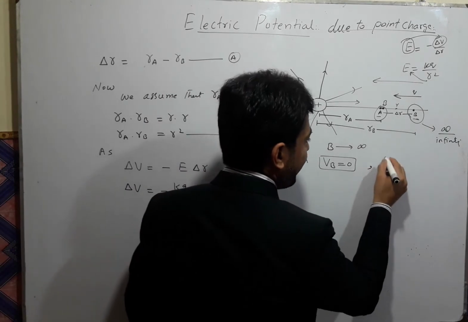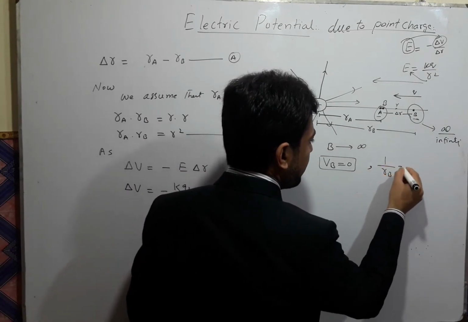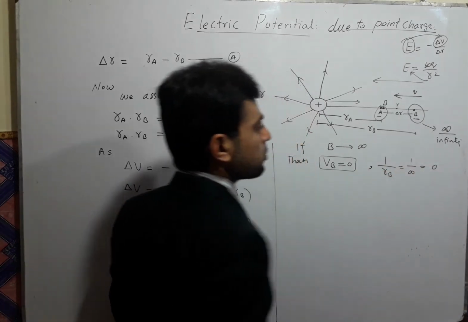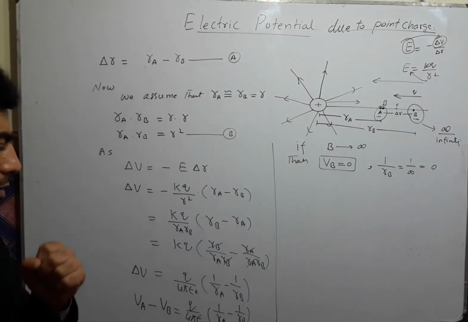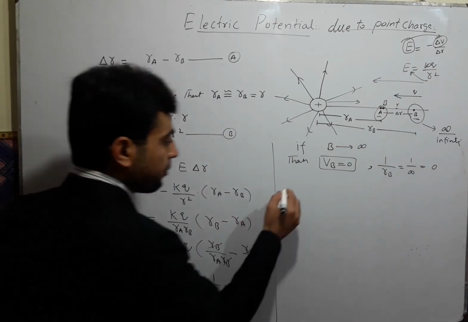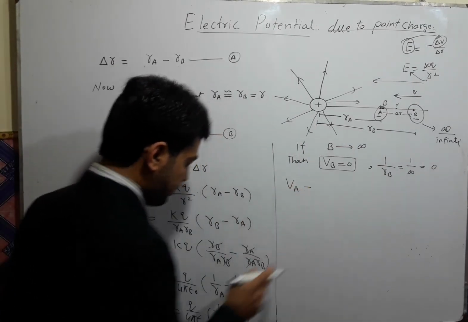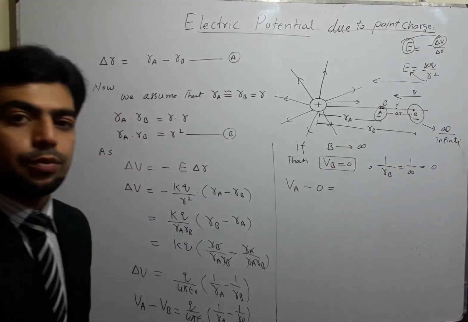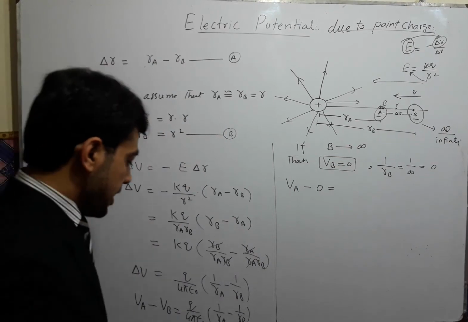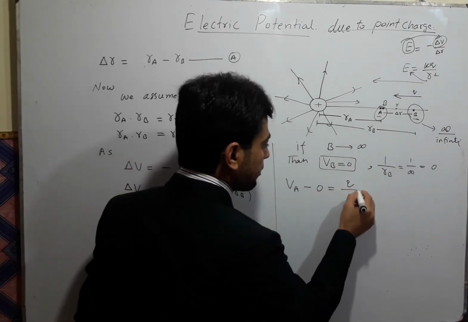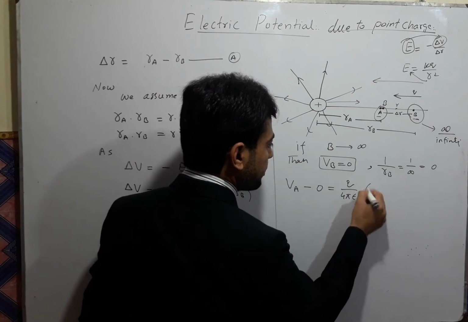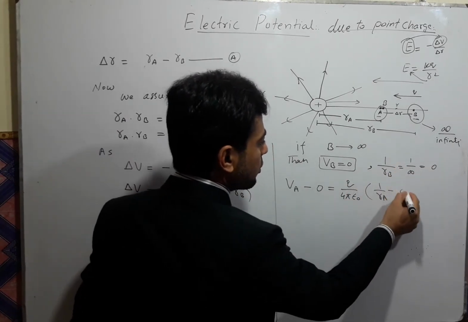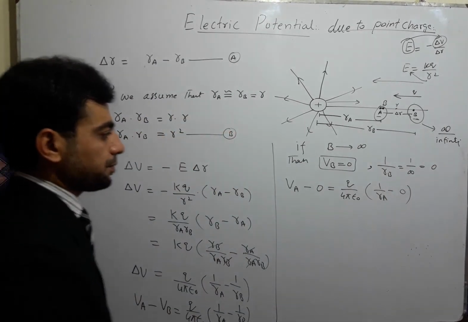If point B lies at infinity, then 1 over RB is equal to 1 over infinity. Something divided by infinity equals 0, so 1 over RB must also be 0. So we put here VA minus the potential at B, which is 0 because we consider point B at infinity, equal to Q over 4 pi epsilon naught, 1 over RA minus 1 over RB, with 1 over RB equal to 0.